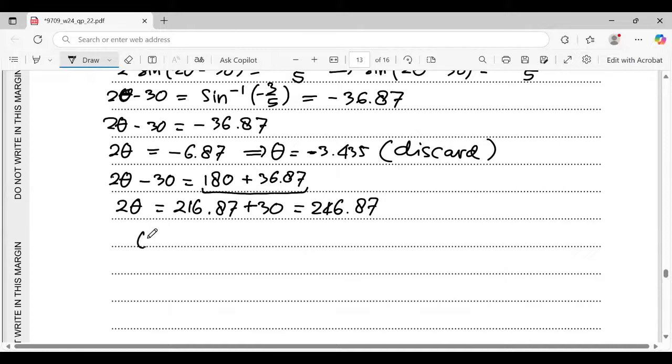So theta equals 246.87 divided by 2, and the result is 123.435. So this is the solution: theta equals 123.435, or rounded off, 123.4.